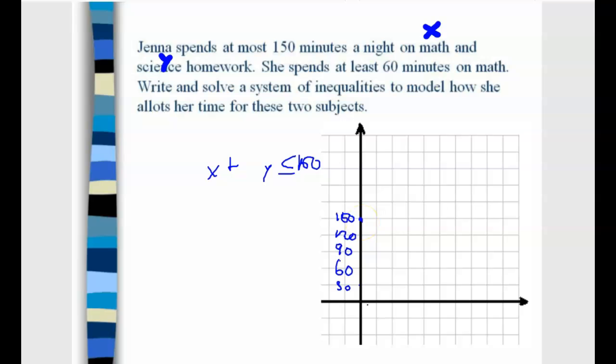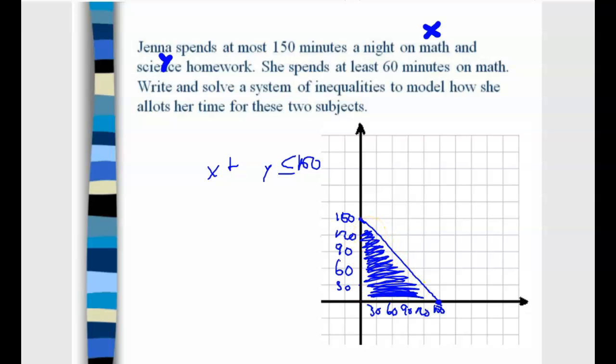And since it's at most 150 minutes a night, you would shade below your graph. So you're going to have a triangular region shaded below. Because it's X plus Y is less than or equal to 150, both the X and Y intercepts are at 150. So you just go 150 to 150.